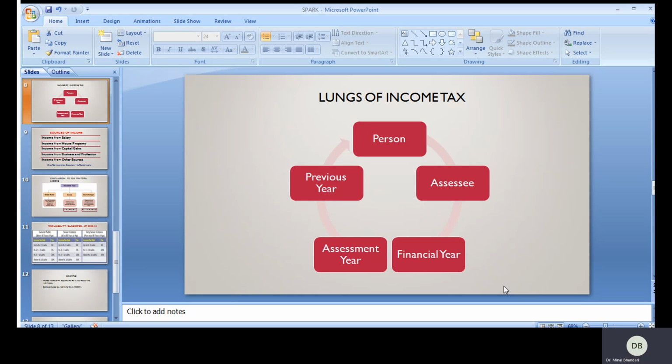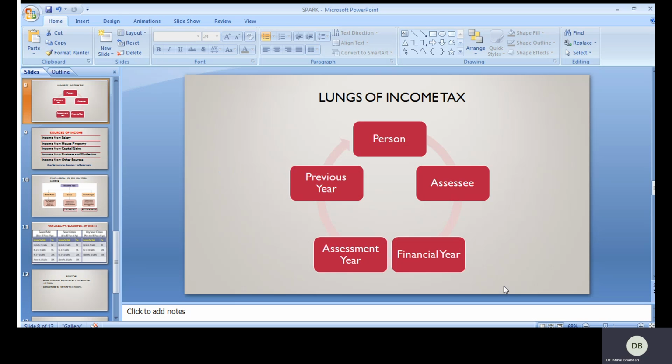So person means all these identities on whose name the government can charge income tax. Every identity which we discussed right now is called a person because the government can charge tax on their income. For example, every artificial juridical person, like the Balaji temple or the Sai Baba temple.